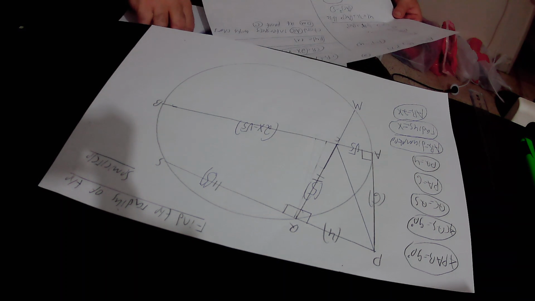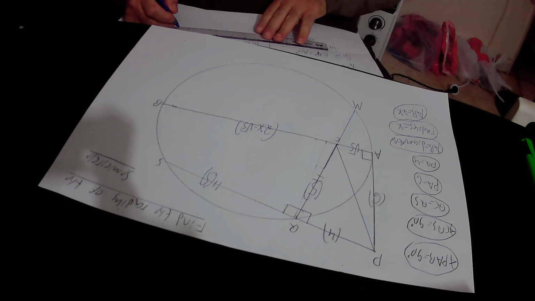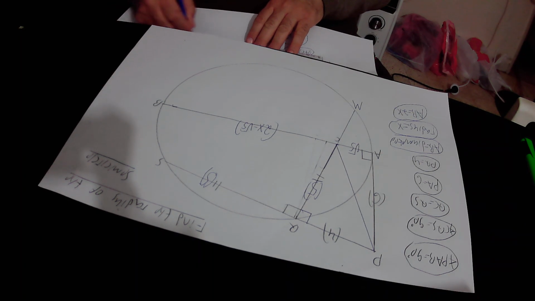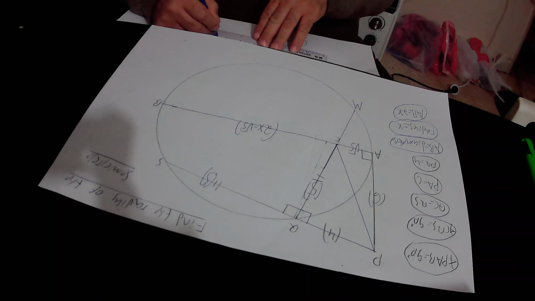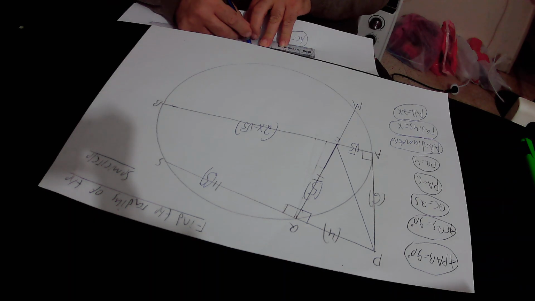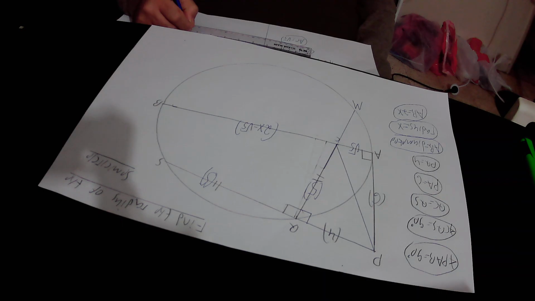So I write it down. AC times CB equals QC times CM.